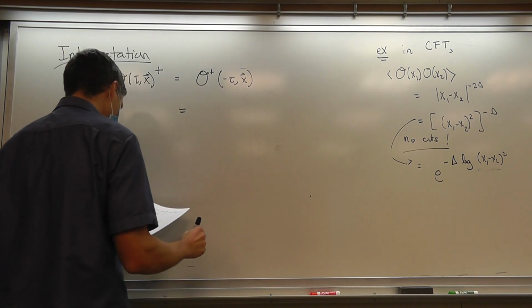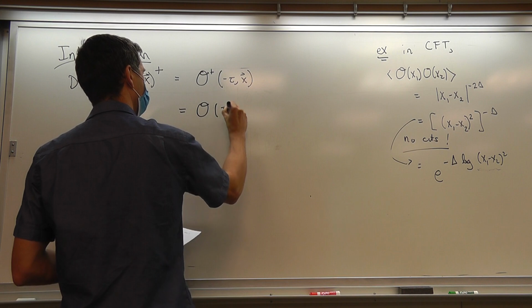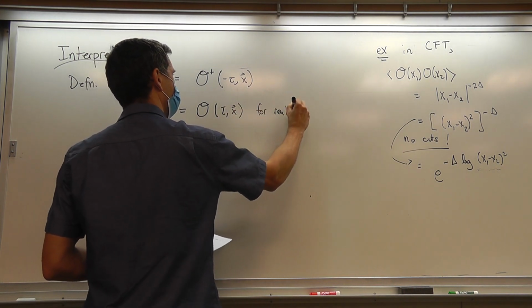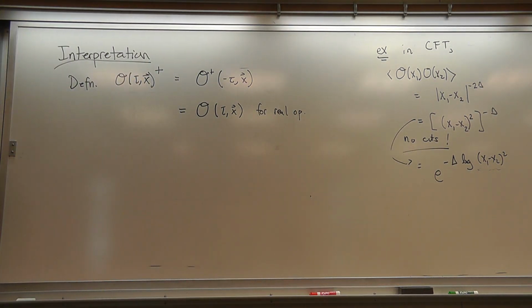If O is a real operator, then we can drop this dagger on the second one. So then the dagger only acts on the time, the Euclidean time.